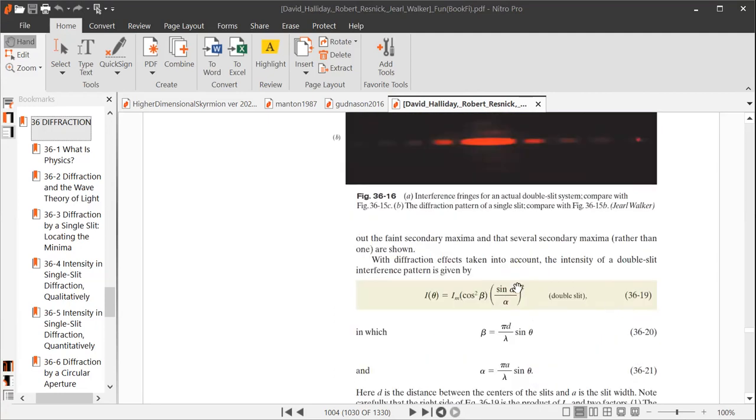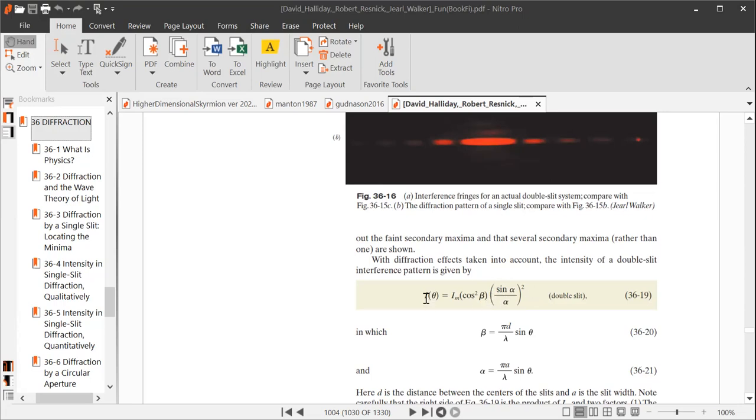So it means that from this formula, sin alpha, alpha becomes minimum at multiples of pi, while beta is a multiple of m pi.